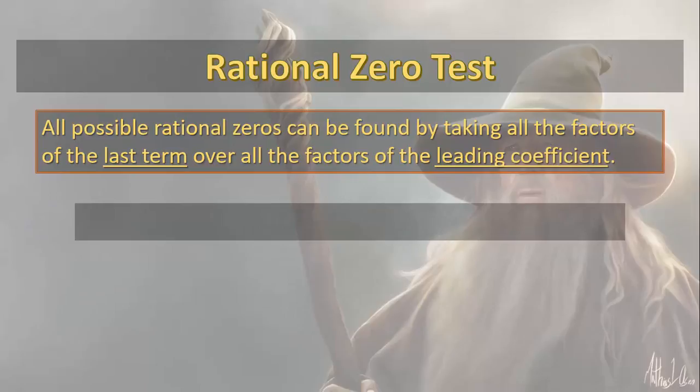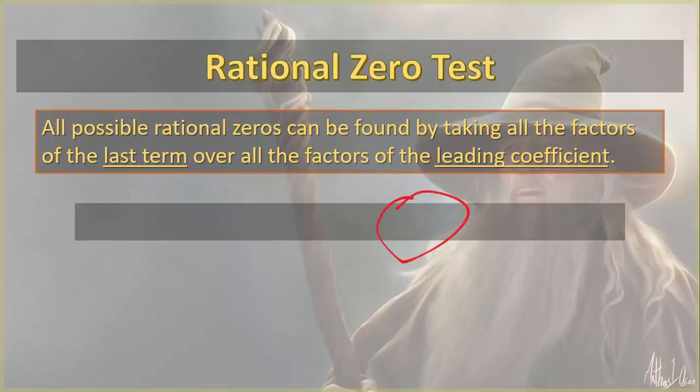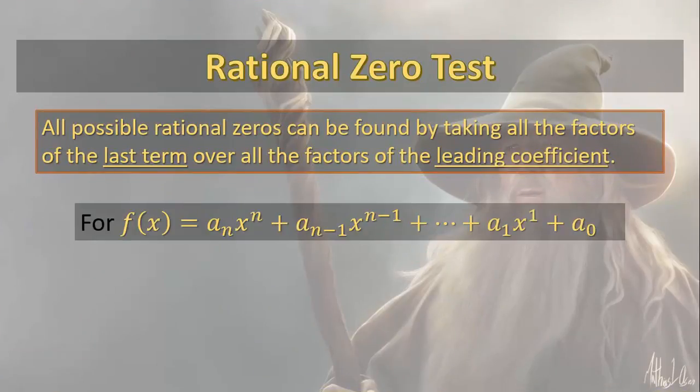Now we have to talk about it in formal terms. If you have the expression f of x and it equals this, this is basically saying this is a number, a coefficient, and this is x to some power.